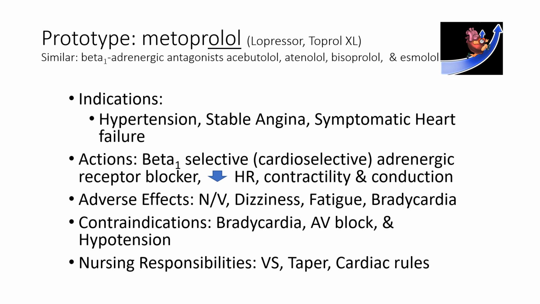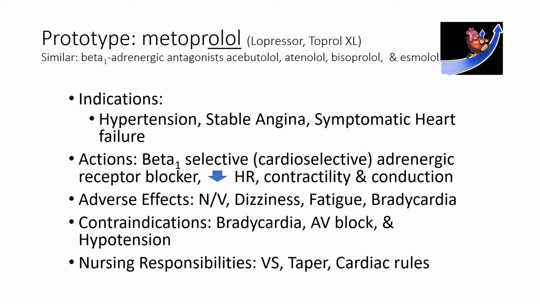So they'll reduce cardiac output, so we can use them in hypertension to control high blood pressure. We'll use them in angina to decrease the workload of the heart, so that people don't get symptomatic chest pain in stable angina.